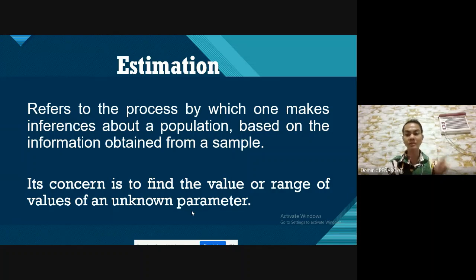If you can still remember the cycle, we have the population, and then we have the sampling method, which is the process of generating a sample, and from that sample, performing some statistical process or testing, we can already make inferences about the characteristics of the entire population. So one of the processes that I'm talking about in making inferences about the population is what is called estimation.